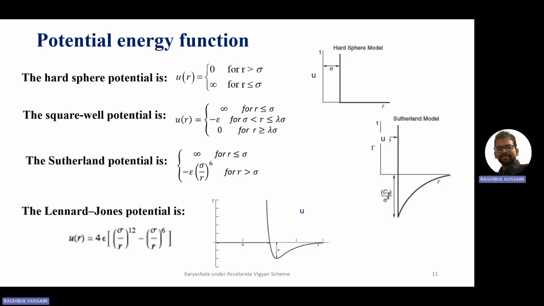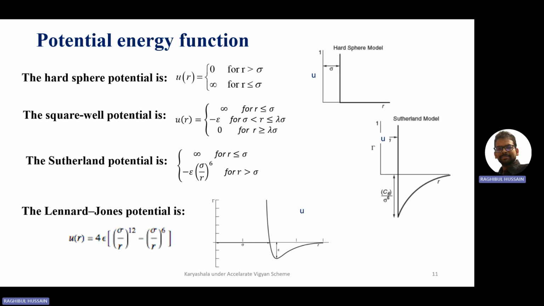So this is my negative epsilon, right? And after a certain distance, it becomes zero. This is also an approximation, because the interaction cannot suddenly be a well and after that suddenly zero. It is not like that, right?